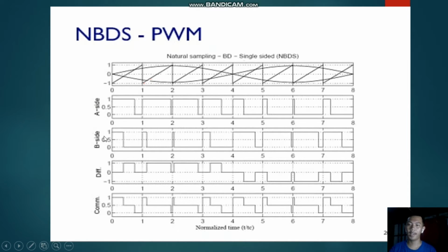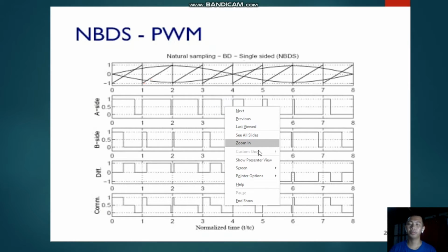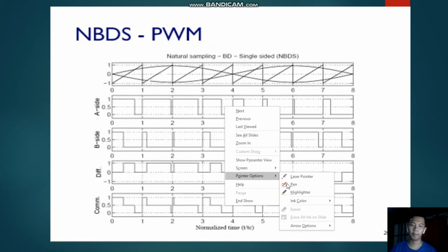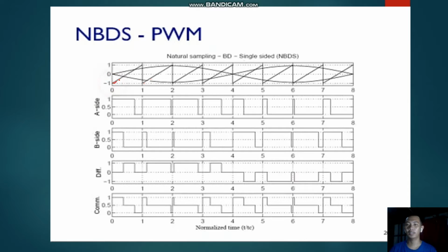So we have A side, B side, differential mode, and common mode. To get the digital signal of the A side, we have here a sawtooth wave and a sine wave. At this period, we have positive 1 because our sine wave is greater than our sawtooth wave.